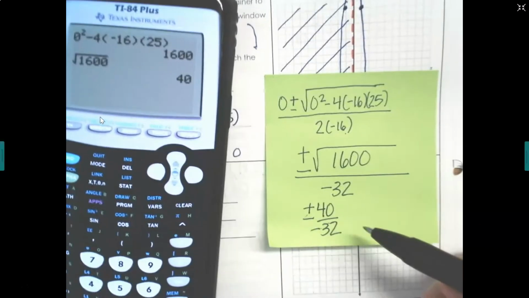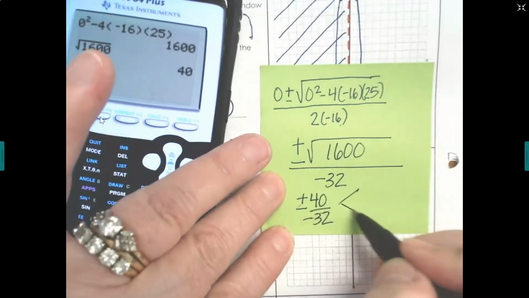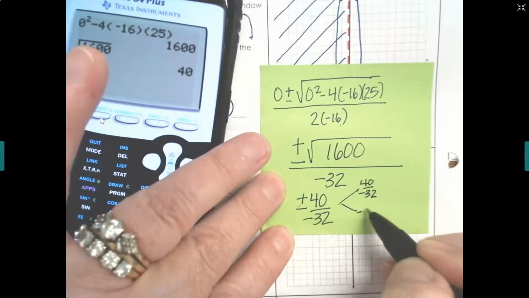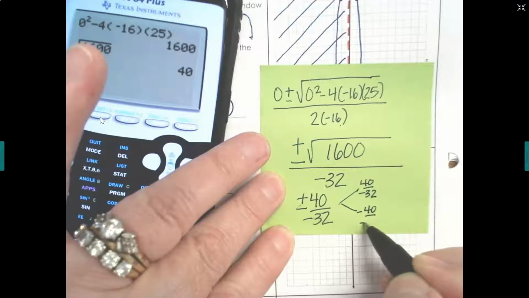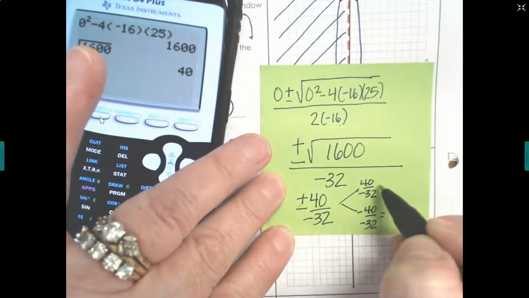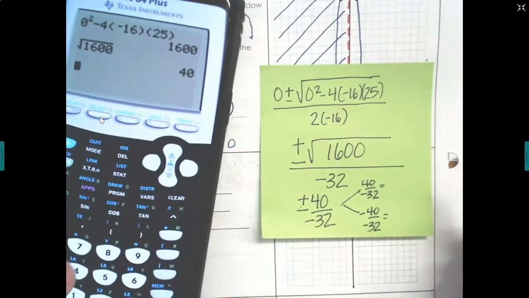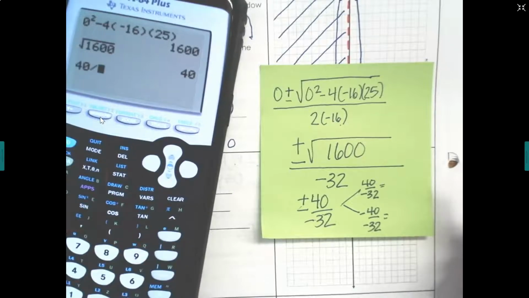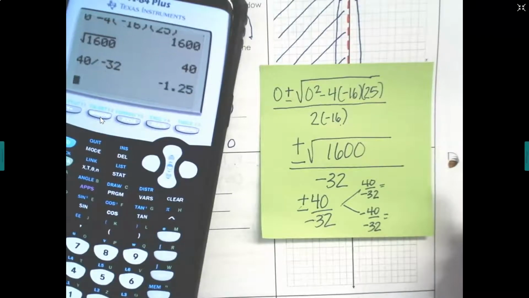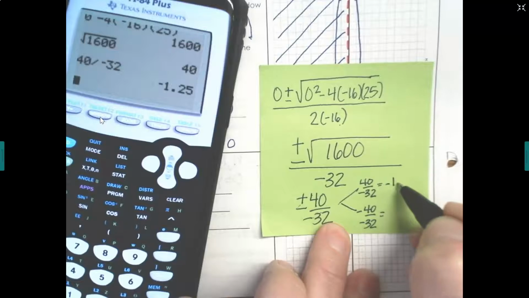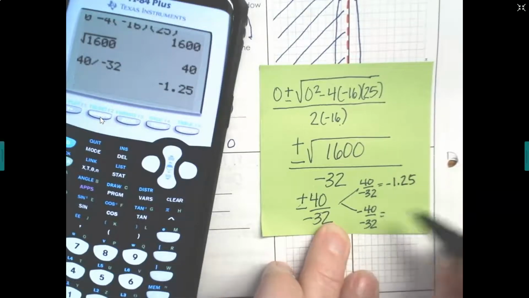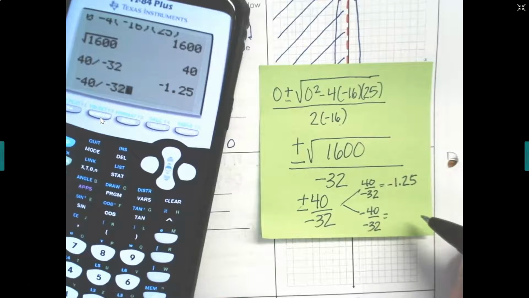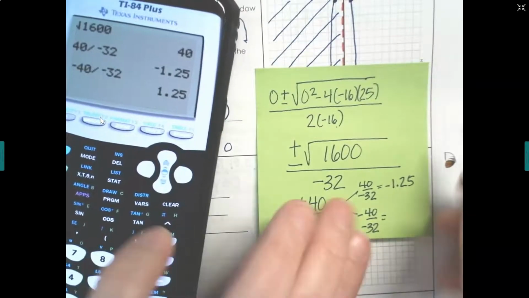These are like terms. We can combine them. So what this is saying is we have positive 40 divided by negative 32, and we have negative 40 divided by negative 32. So we're just going to calculate those out. 40 divided by negative 32 is negative 1.25. And negative 40 divided by negative 32 is positive 1.25.